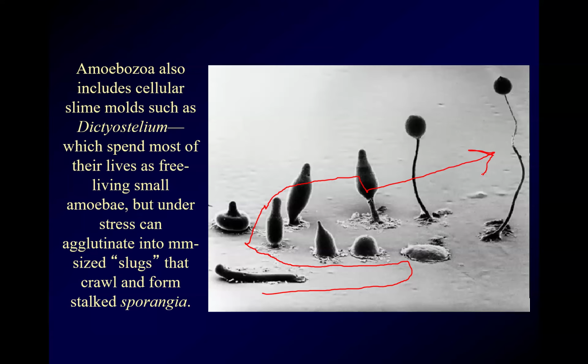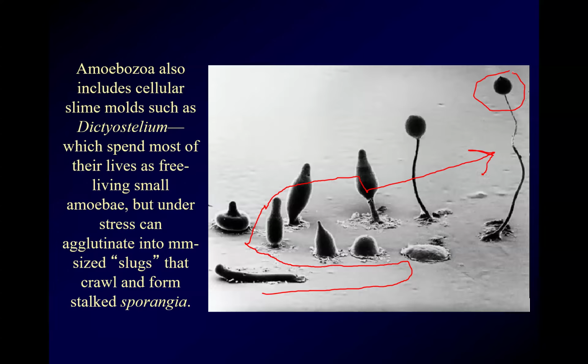And the amoebas that got to the top of the stalk, the ones up here, form cell walls and become spores. And when the whole thing dries out, the spores will drift away on the wind.